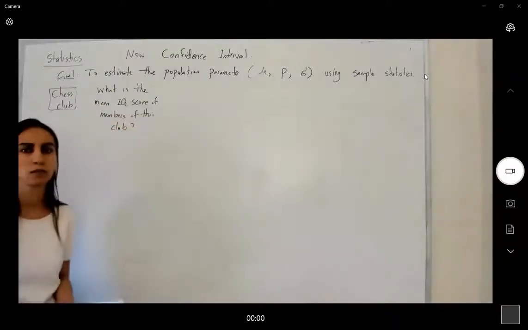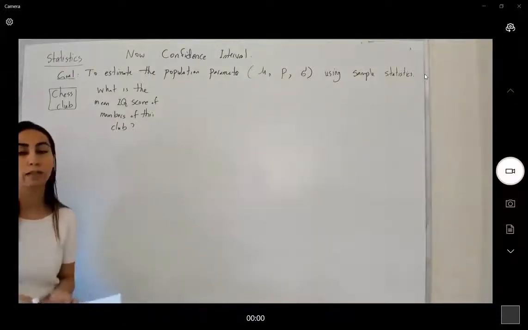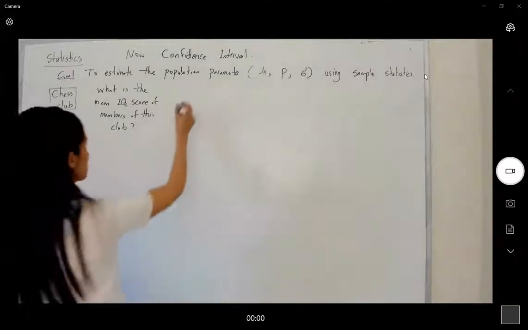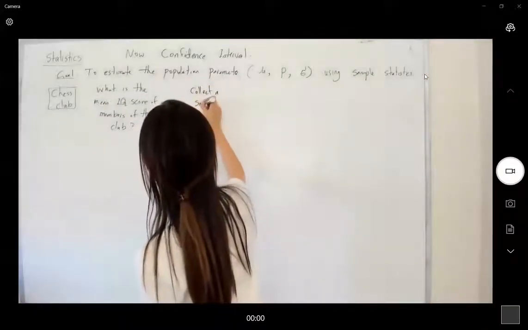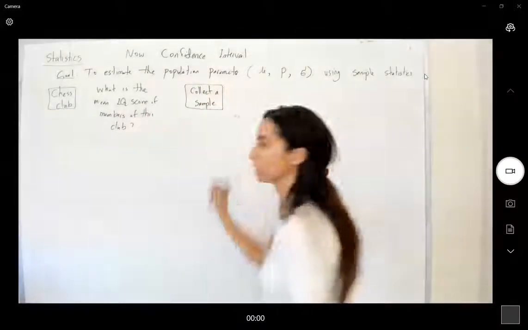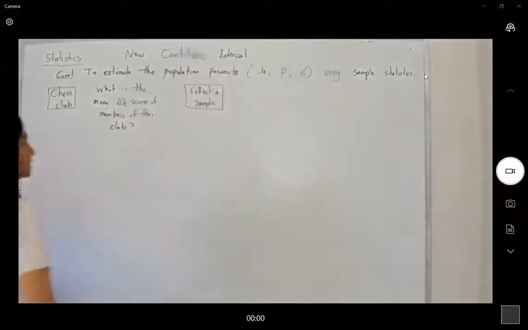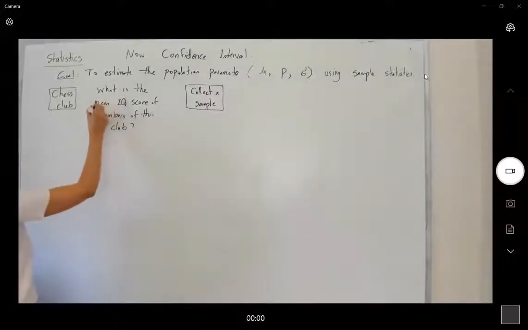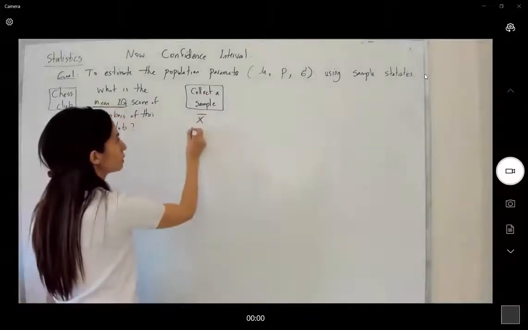How do we do that? Suppose you have limited time and you go there and collect a sample, and calculate the sample mean, X bar. So we find X bar, or the mean of the sample.